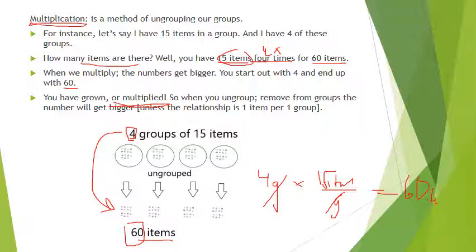There's another way to do this, and that's just to do a ratio. So I have grouping, I have dimensional analysis, and if you want to do ratio, you would set the ratio, which is basically this relationship here: 15 items per group equals X items over 4 groups.